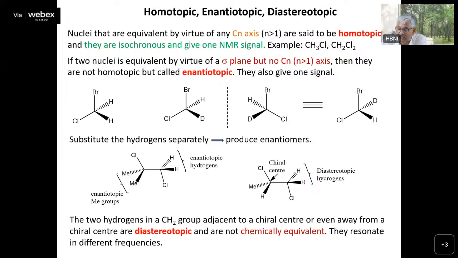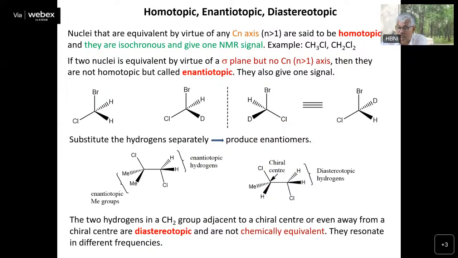They are called diastereotopic hydrogens. The name comes from the fact that if you replace this hydrogen with any other group or even an isotope, you will get one diastereoisomer, and if you replace the other hydrogen, you will get the second diastereoisomer.